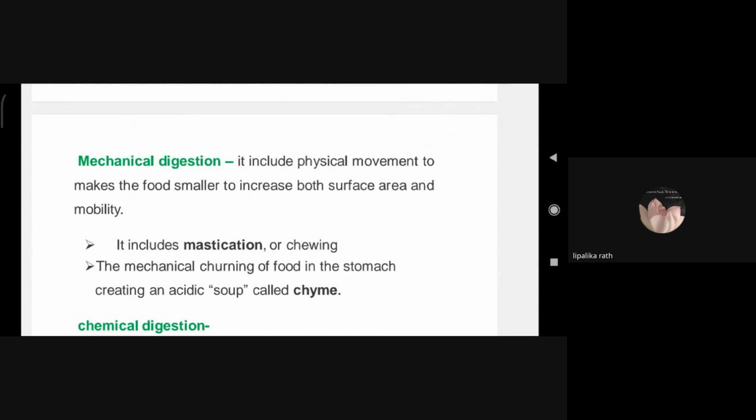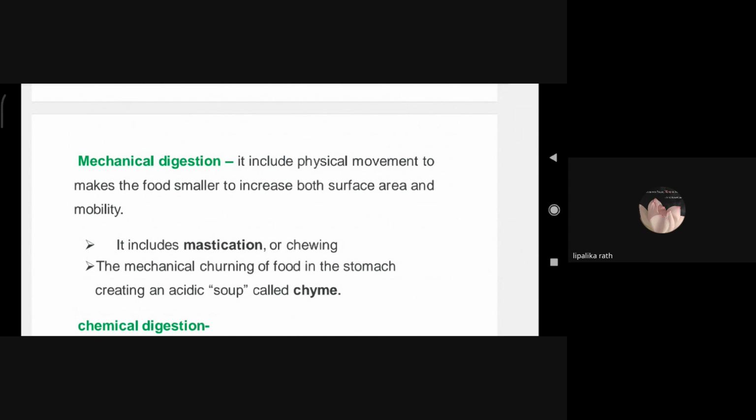Okay. Mechanical processes are mastication, or chewing. At first we chew the food. We break down the food by our mechanical power, by teeth. So mastication is chewing.